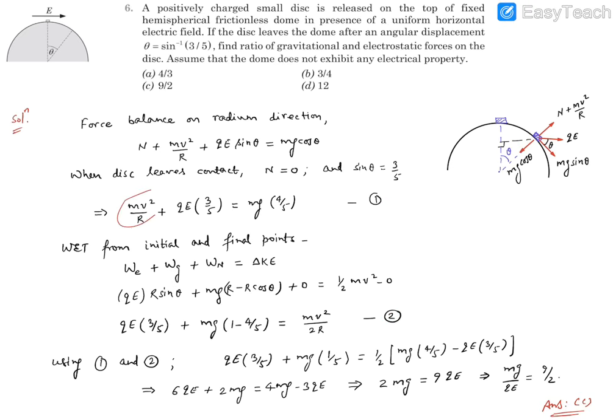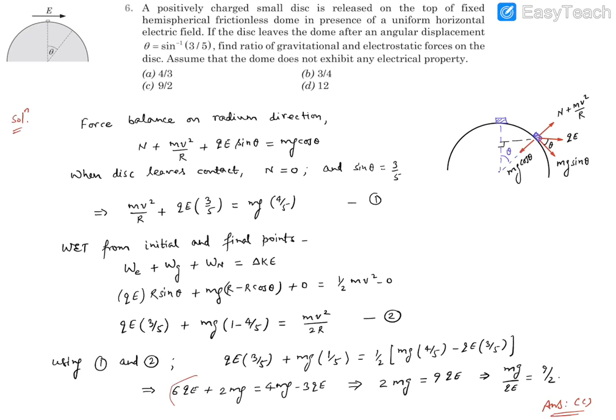From equation 1, we can take this mv square by r and substitute it in equation number 2. So that's what we are doing in the next line. In equation number 2, we will write QE times 3 by 5 plus mg times 1 by 5 is equal to half, which is outside, times mv square by r, which is basically from here, mg times 4 by 5 minus QE times 3 by 5. Then you can simplify: multiply by 5, so 5 will get cancelled out, and multiply by 2 on this side.